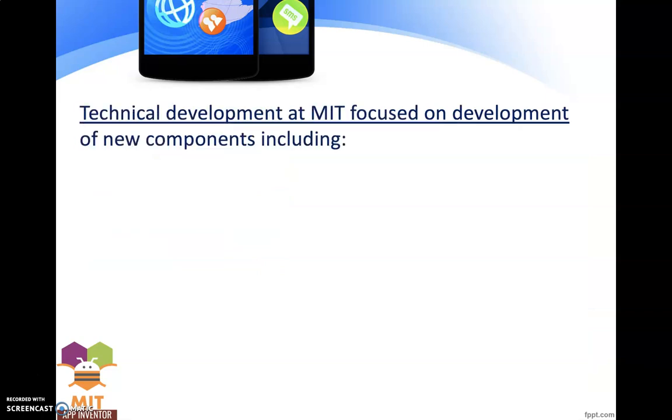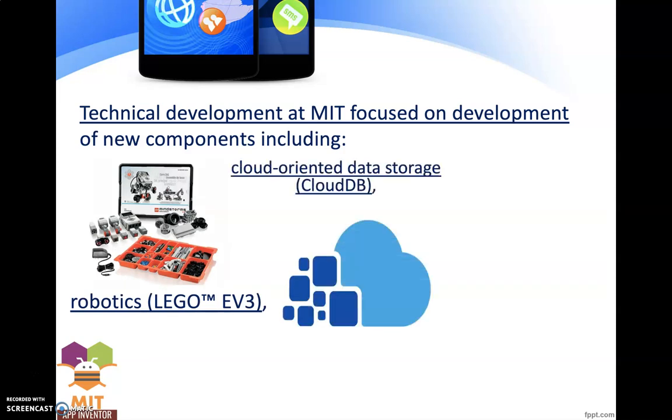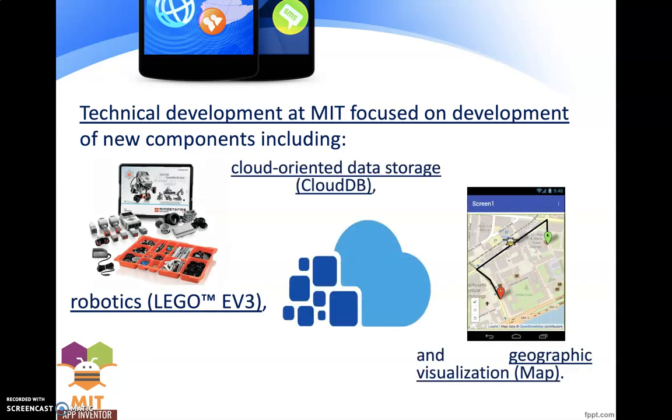Technical development at MIT focused on development of new components including robotics, cloud-oriented data storage, and geographic visualization.